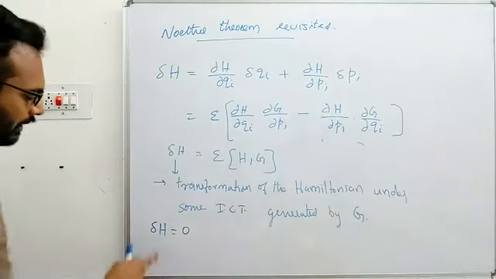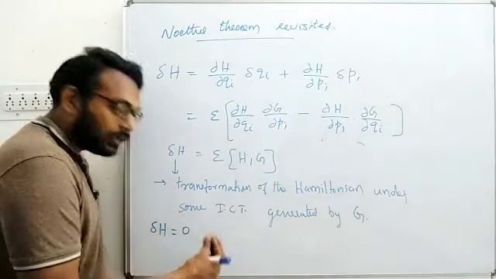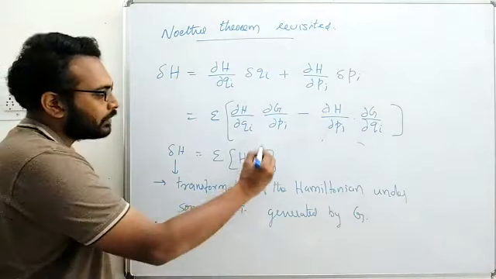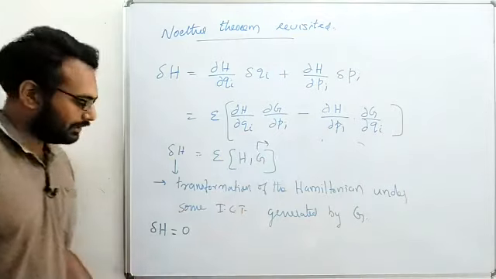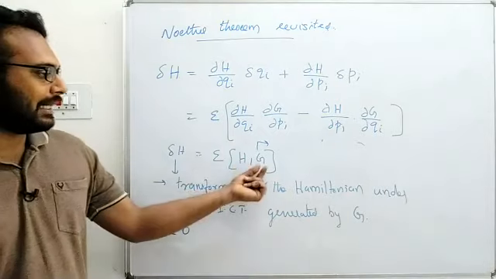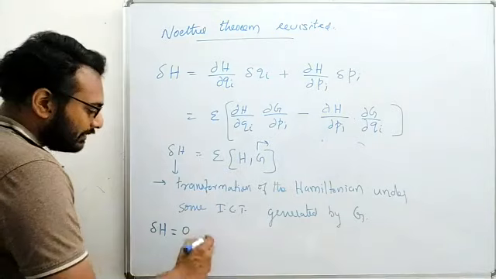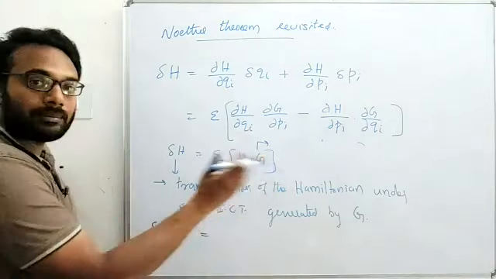Now, what do you mean by delta H equal to 0? If delta H is equal to 0, the Hamiltonian has not changed under the infinitesimal canonical transformation generated by G, which means that this transformation is a symmetry transformation.